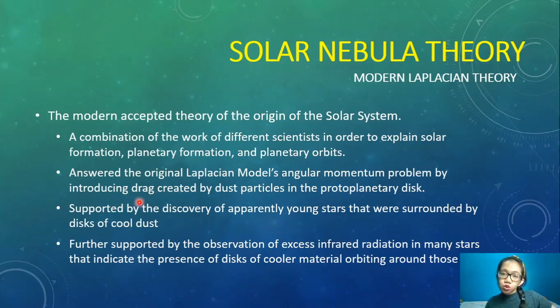So it's like a slowing down of the angular momentum computation because we have to include in our computation dust particles and the other objects in our solar system. So the meteors, the asteroid belts, and so on. And that would actually slow down the spinning of our solar system, thus leading to the accepted nebula theory.